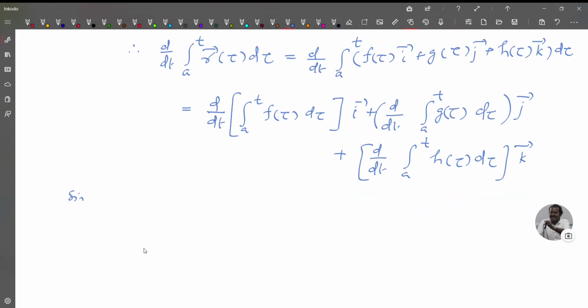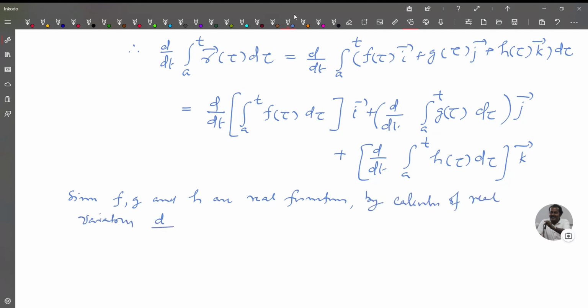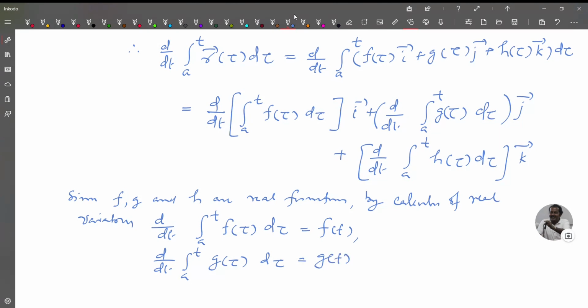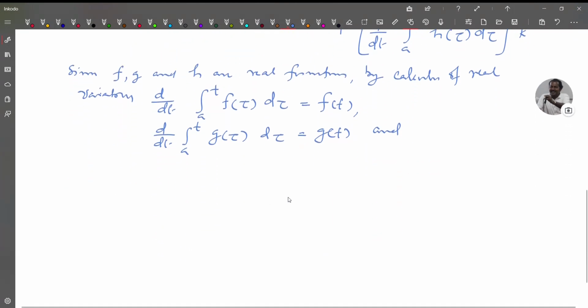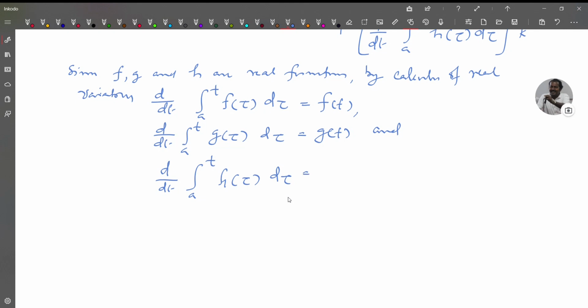Now since f, g and h are real functions, by calculus of real variables, d by dt of the integral from a to t of f of tau d tau is equal to f of t, d by dt of the integral of g of tau d tau equals g of t, and d by dt of the integral of h of tau d tau equals h of t.